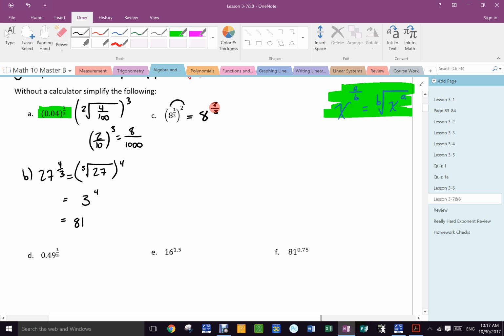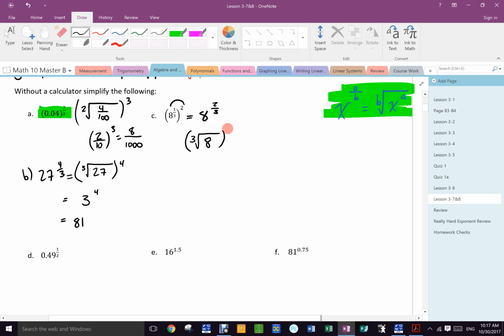Now, does this look like this? So what do I do? I take the cubed root of what? 8, and then I do what with it?